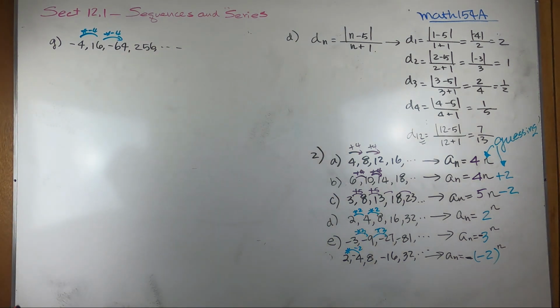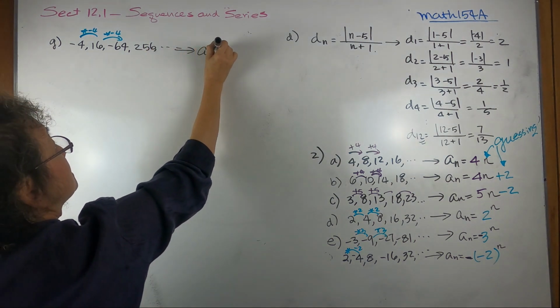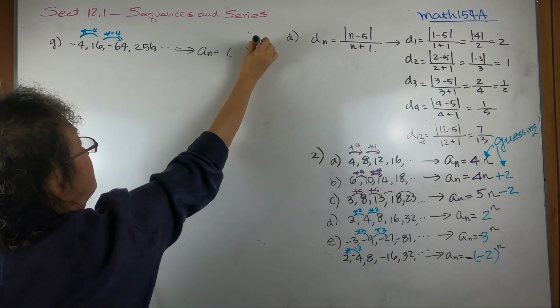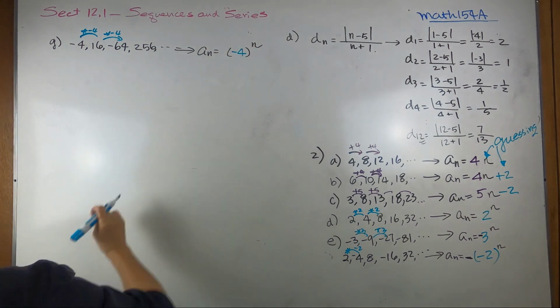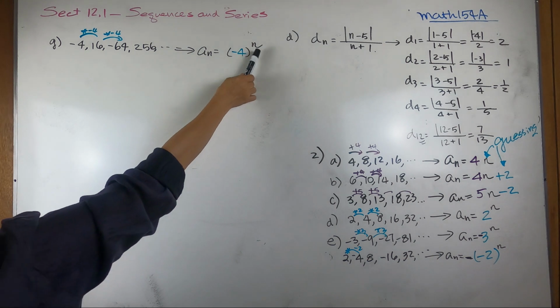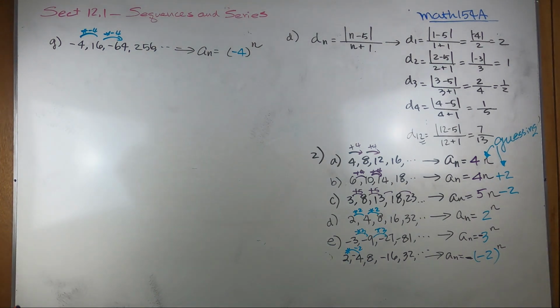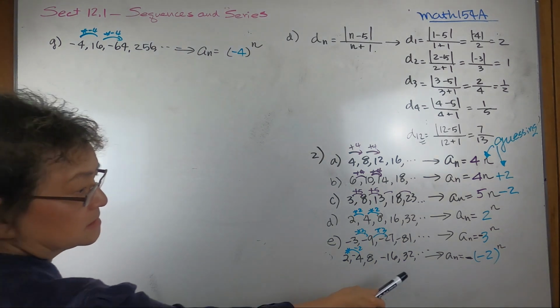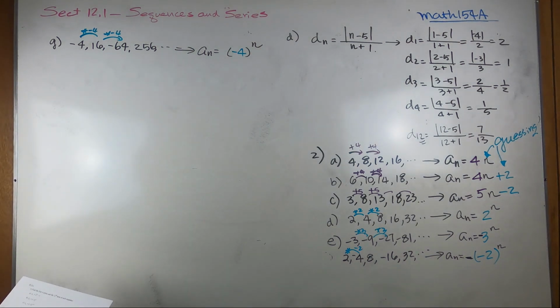Then how do we write our pattern? Your a_n would be the nth power multiplied by -4. Will that work? -4 to the first power is -4, the second power is positive 16, right? But this one is opposite in sign, so you have to add a negative number there.